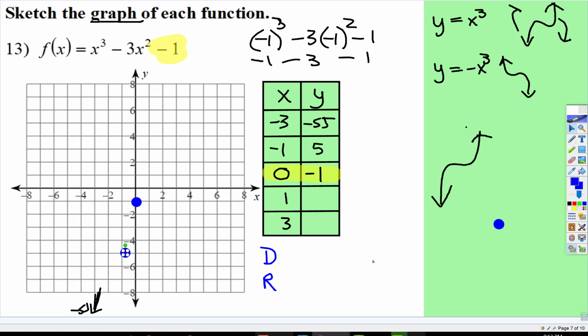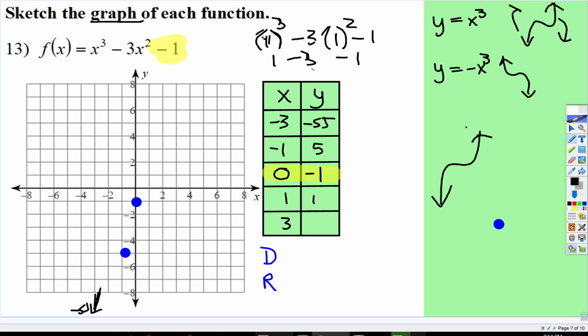All right, doesn't look like any of our curves yet. So we're going to plug in positive 1. Positive 1 cubed is 1. 1 squared is 1. 1 times negative 3 is negative 3.